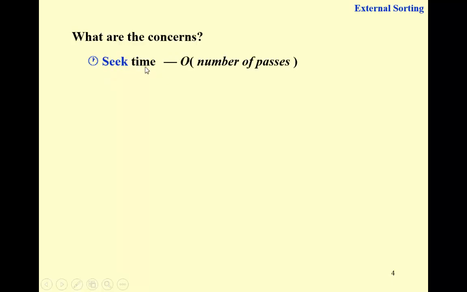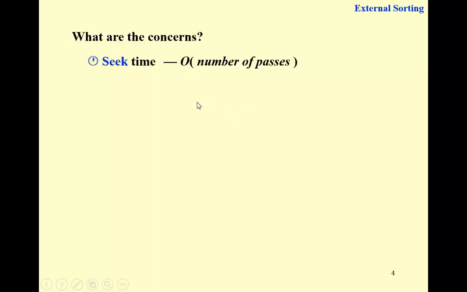So in general, when we have to do external sorting, these are the points that we are concerned with. First, the seek time. That is, when we merge, the head is moved step by step from the beginning to the end. And then we're going to have to rewind the tape and move the head to the beginning again. And that time is the seek time. So the seek time is basically related to the number of passes.